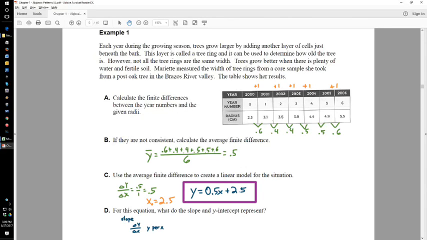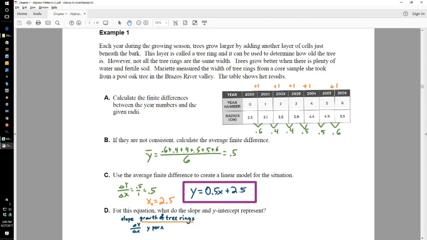So in this case, it is the growth of the tree rings, which is what y represents.